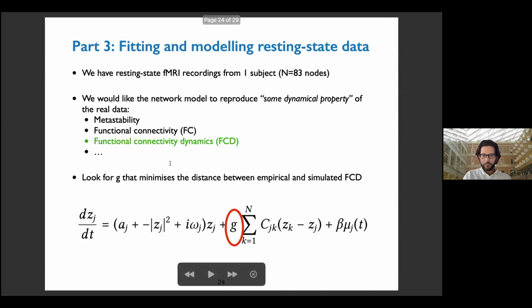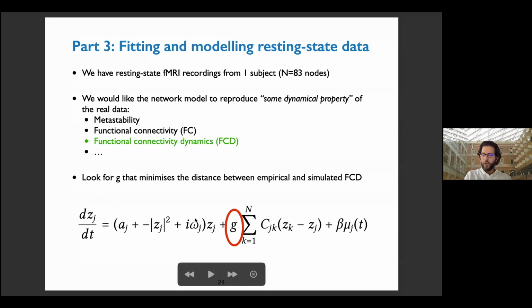Now, we have again the equation here, which is just describing the model. And we are looking for the G. So here we would have a model. The subject that we have has 83 brain regions, so we have a model with 83 nodes. We plug in the structural connectivity that we get from DTI.